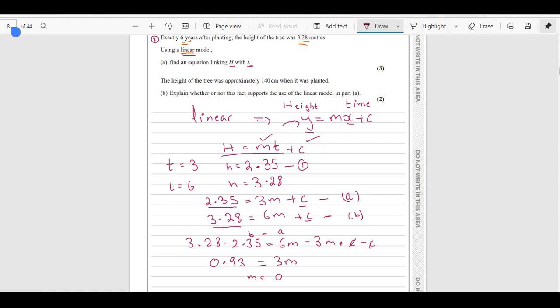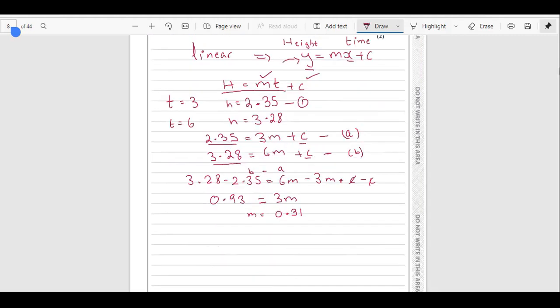Okay, so once we have our m, how can we find c? Just substitute into any of the equations. Yes. Okay, so I can use a for this. 2.35 equals 3m, so m is 0.31, plus c.